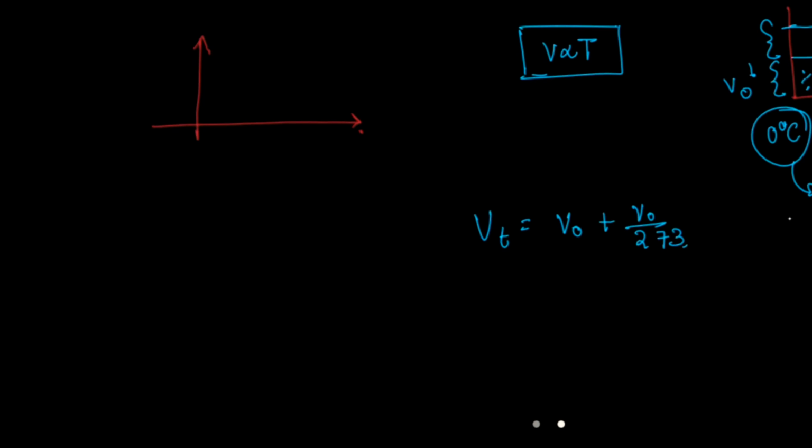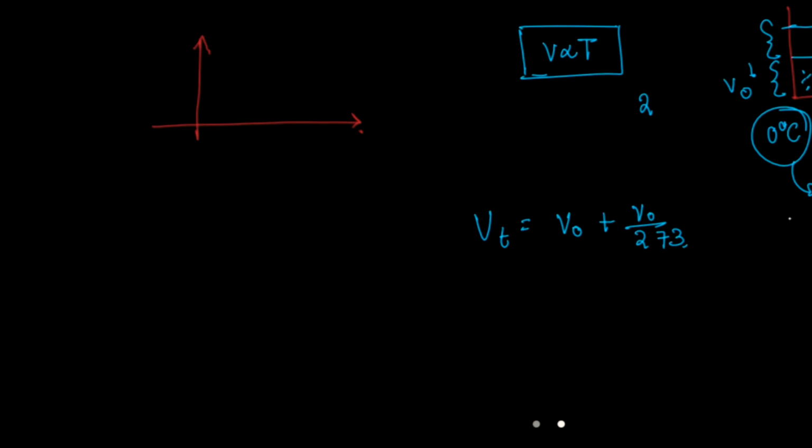Let's say the temperature is getting increased by 2 times. Then it would be 2 V naught by 273. What I mean is, if I increase the temperature by 3 degrees centigrade, it would be 3 V naught by 273.